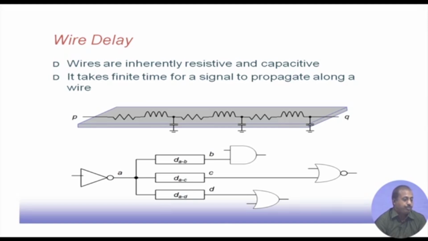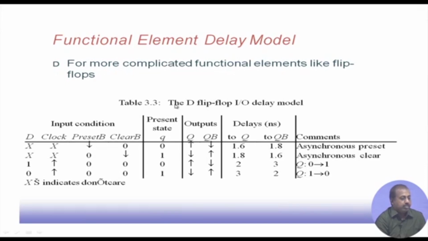So it takes a finite amount of time for the signal to propagate along the wire. If I have this line A feeding these 3 gates, there will be some delay associated with each individual segment. So DAB, DA2C and DA2D need not be the same. That way there will be some delay associated with the wire.